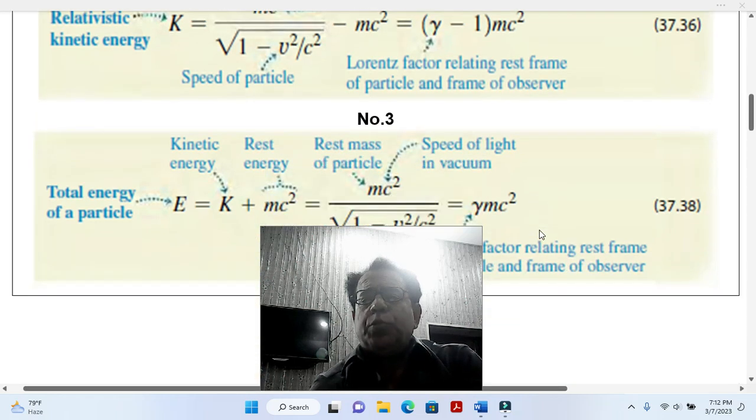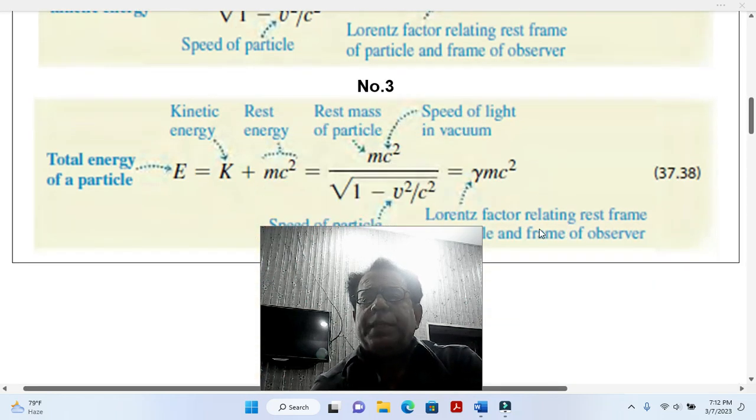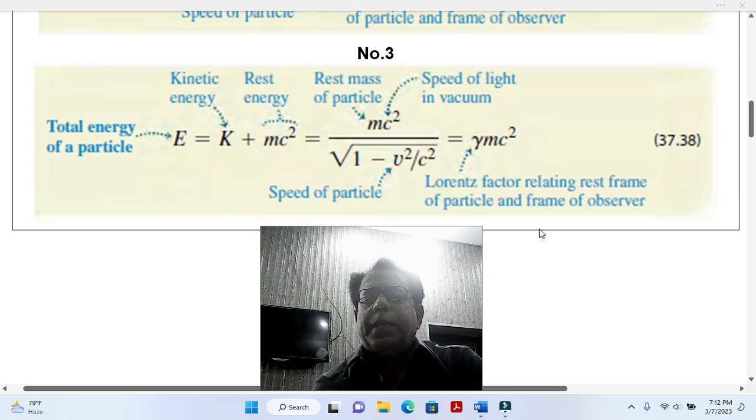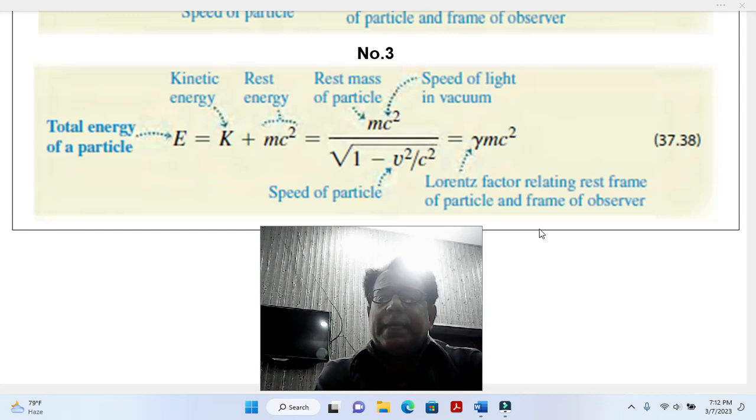Now we move to the third tool, which deals with total energy. Total energy of a particle E is equal to kinetic energy K plus rest energy mc square.